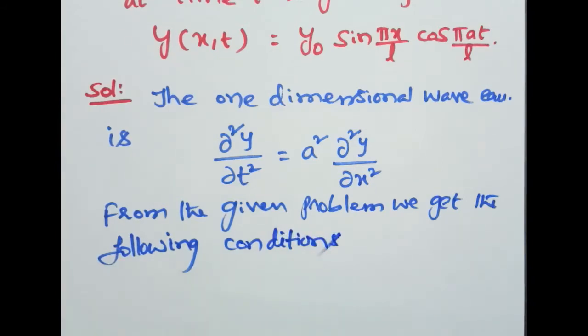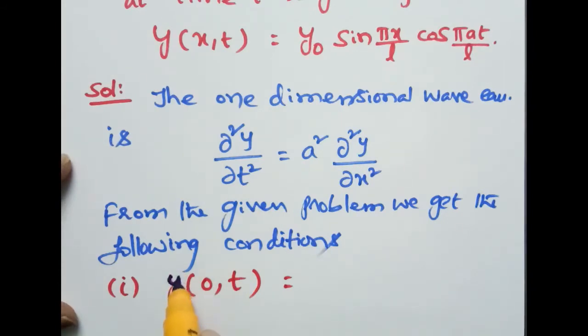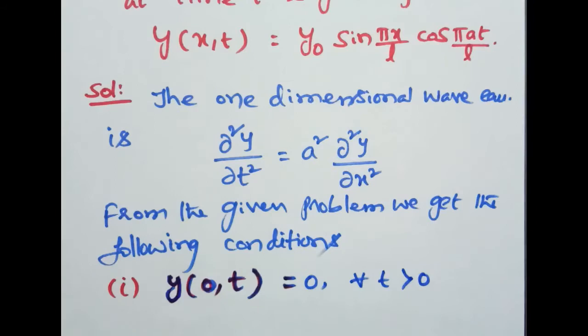Condition number 1: at one of the boundaries, that is 0, at any time t, displacement is 0, for all t greater than 0.